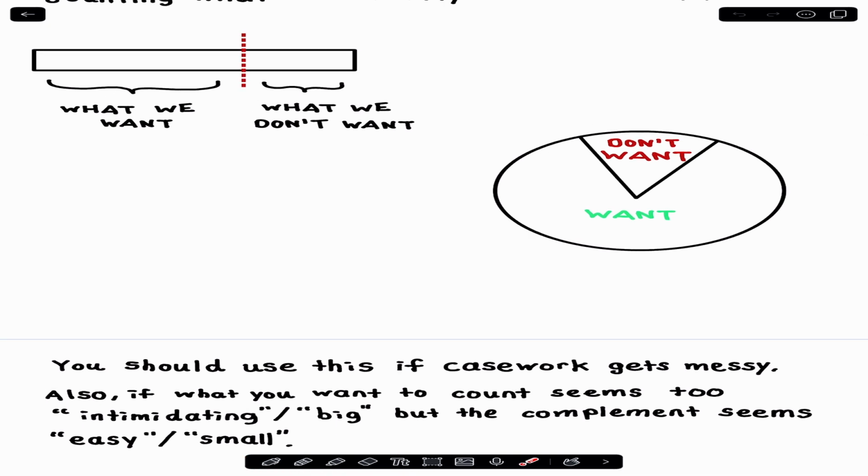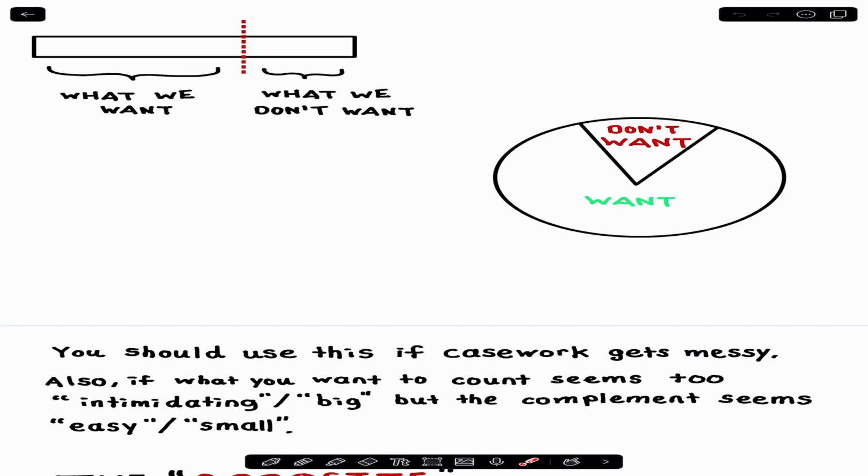A lot of times it will be easier because it is smaller, and that is your big clue to use complementary counting. You can see this portion over here, what we don't want, is much smaller than what we want.